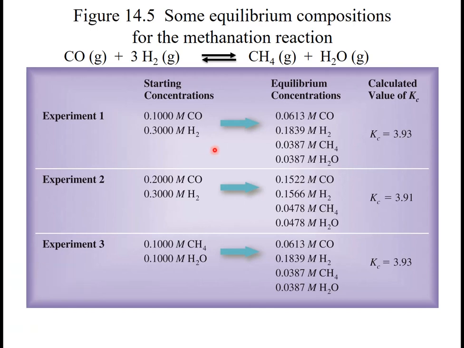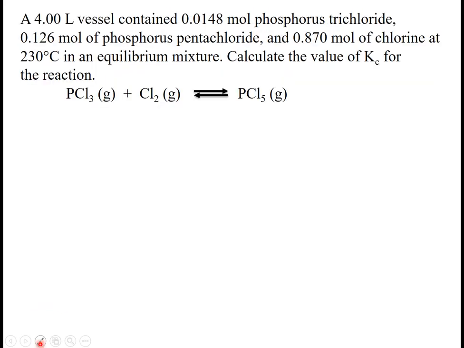Okay, you notice here I have different starting materials, different amounts of the starting materials, and my equilibrium concentrations are different depending on what I start with, but when I plug it into my equilibrium constant expression, my value is approximately the same for all of these. So this is set by this, and therefore this determines that, okay? So here's our first problem.